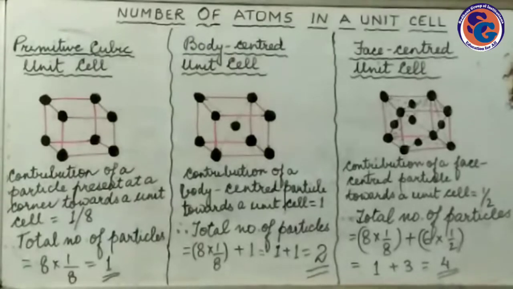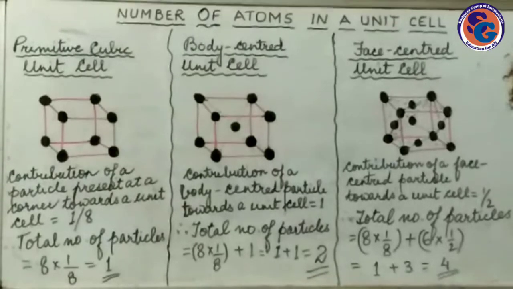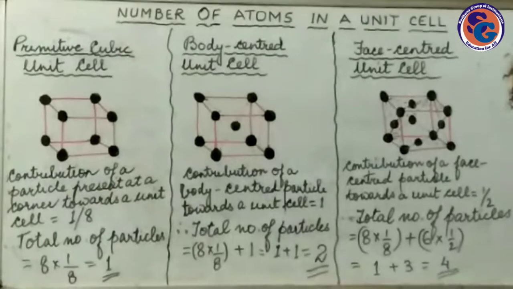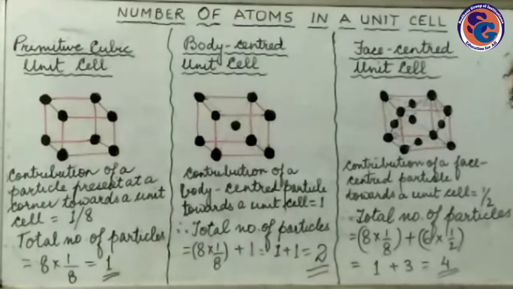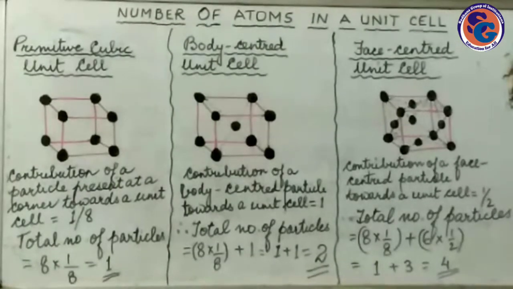So the total number of particles in case of a body-centered unit cell is a sum of that particular particle which is present in the body of the unit cell and the contribution of the 8 particles which are present at the corners. The contribution of the 8 particles at the corners of the unit cell is only 1 by 8 per particle towards that unit cell.